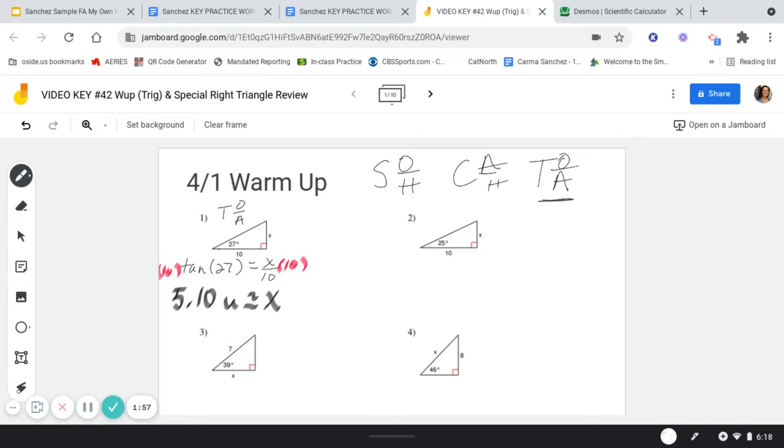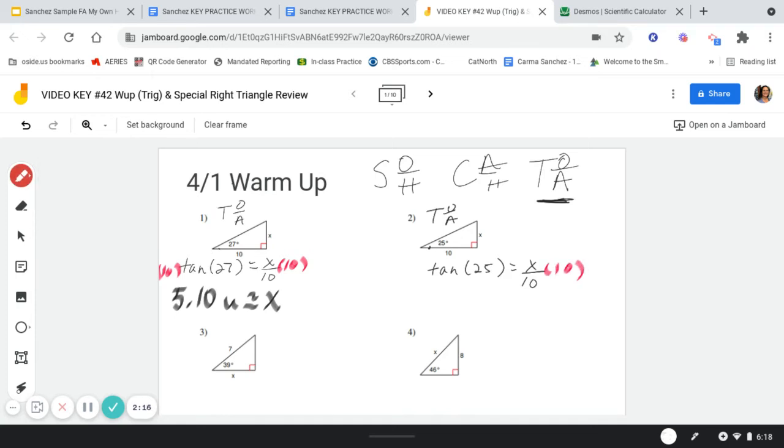So this one has a reference angle of 25, and it's also an opposite over adjacent. So again, we're using our TOA. So we go tangent of 25 is equal to opposite over adjacent.